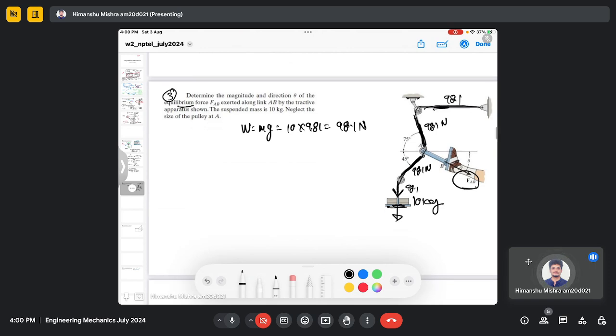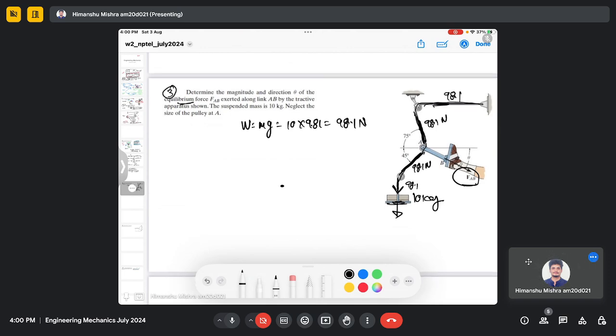So from the free body diagram, this red color is my axis X, this is Y, this is force AB acting at theta, and both are unknown quantities.